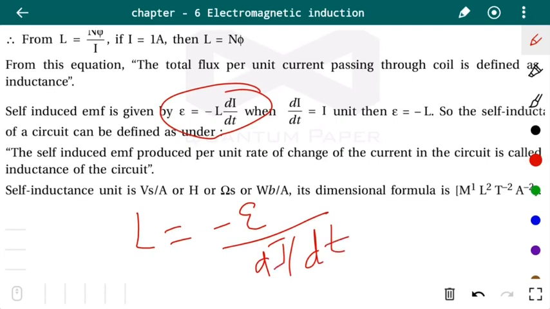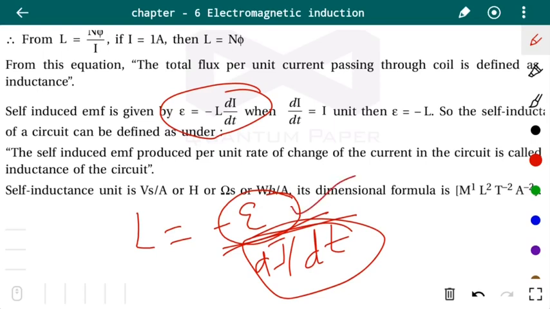This is nothing but the self-induced EMF per unit time rate of change of current. So the self-induced EMF per unit rate of change of current in the circuit is called the self-inductance of the circuit.